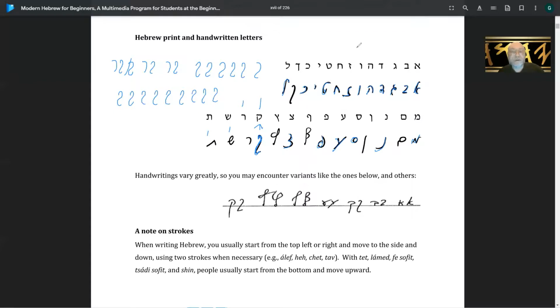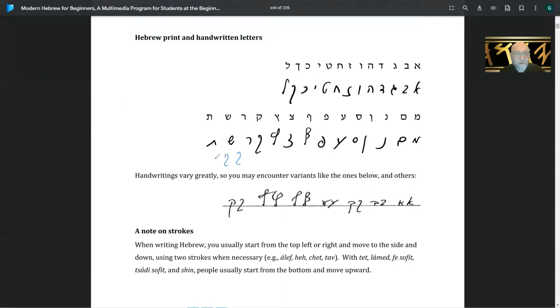Kof. It looks almost like another snake, but it's like a reared up snake. This one looks like a snake going in this direction. This one looks like a snake going in that direction.